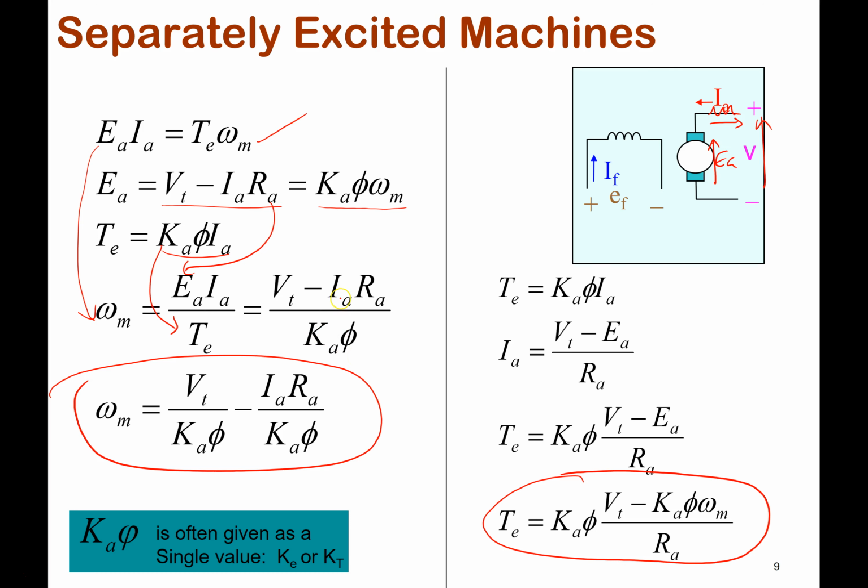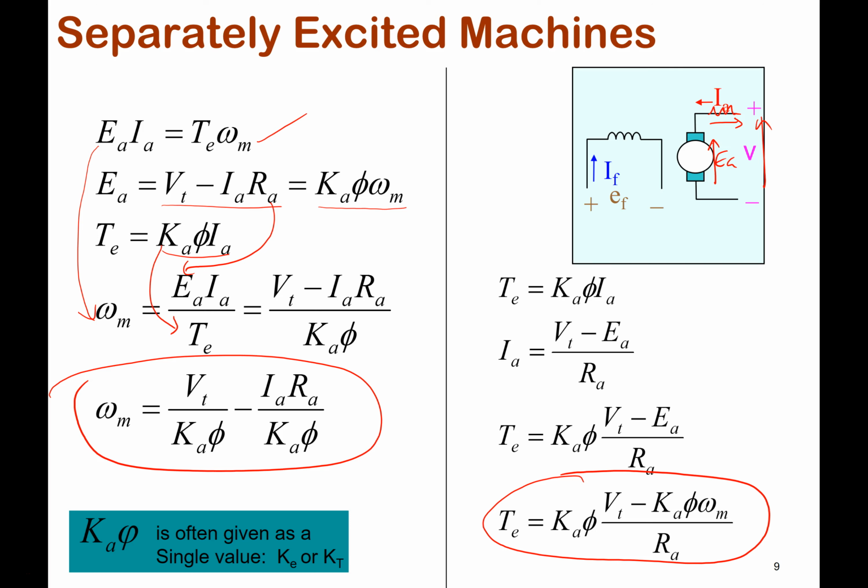So I could just separate these two, and you'll see I have VT on Ka phi minus IARA on Ka phi. So this is the equation we use for the speed of the machine.